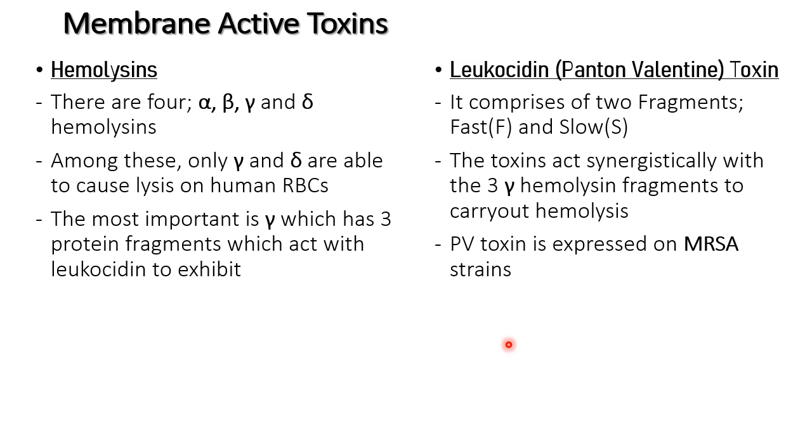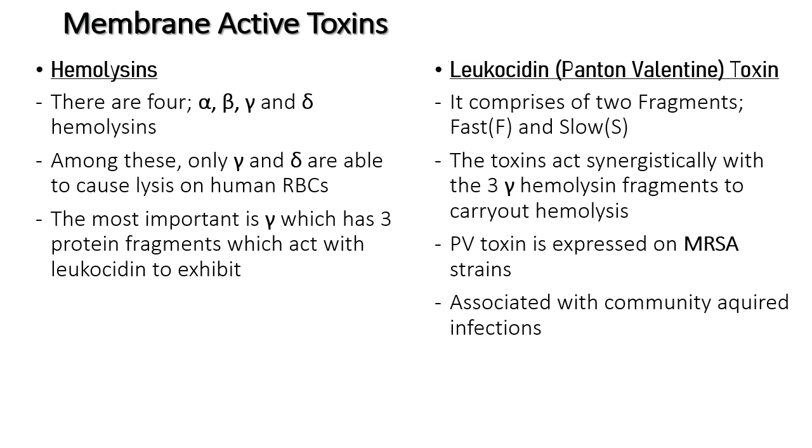Let's say your patient comes and you put them on oxacillin. After some time, you find that their symptoms are not improving. It's simply because the strains you're dealing with have got resistance against that drug. So the best thing is to change your drugs. Then these toxins are also associated mainly with community-acquired infections.